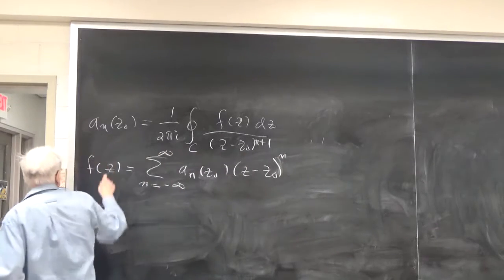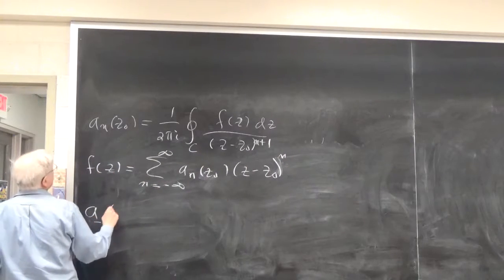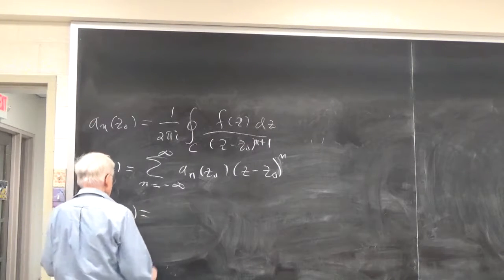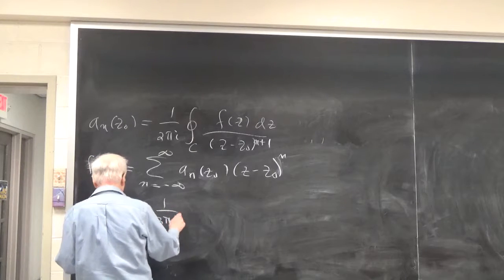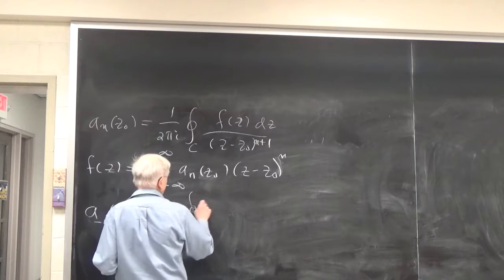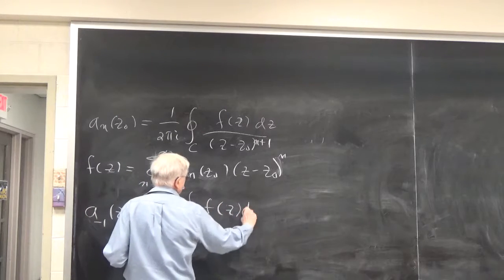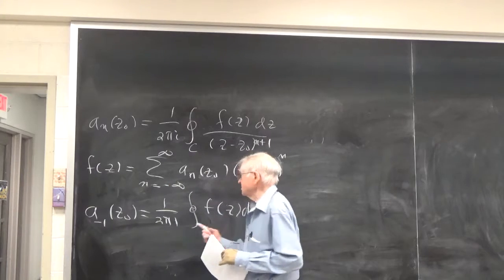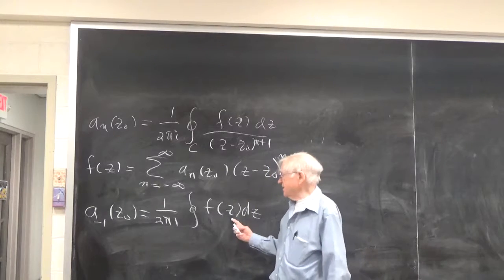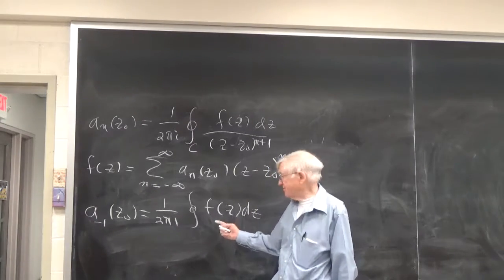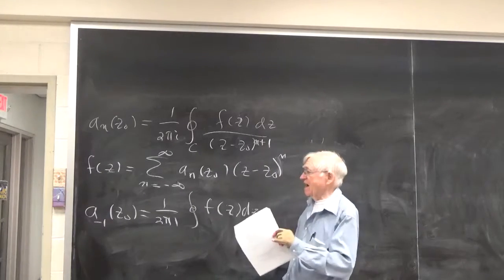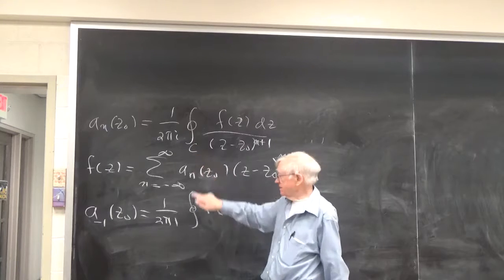The simplest case of this is a sub minus 1 of z0, and that is just 1 over 2 pi i times the integral of f of z dz around the point z0. Now, if there were no singularities, if f were entire, or if f were analytic inside this contour C, then this would be 0.